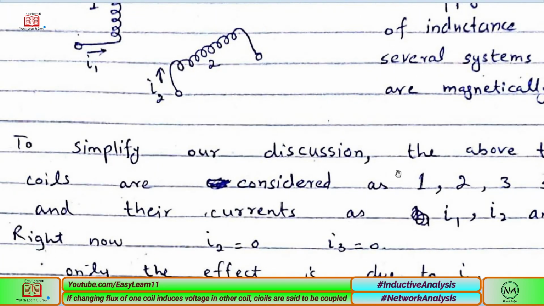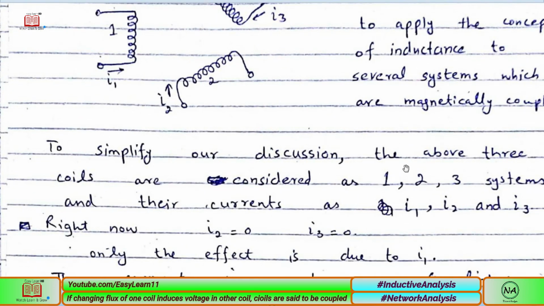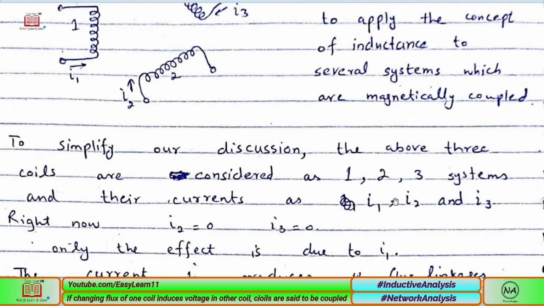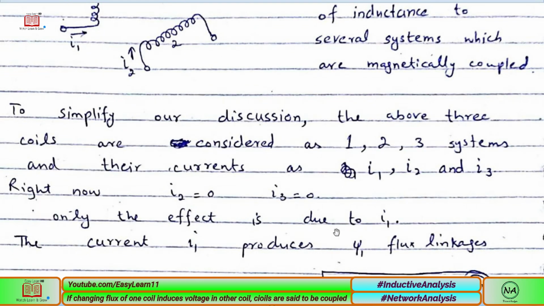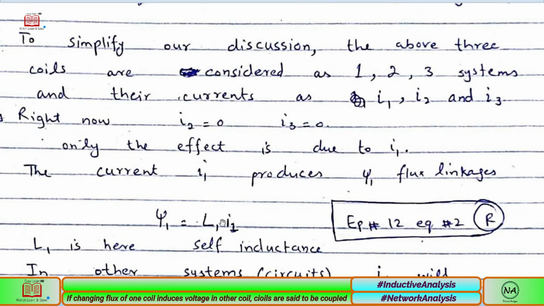To simplify our discussion, the above three coils are considered as systems 1, 2 and 3 and their currents as I1, I2 and I3. Right now I2 and I3 are 0, so the only effect is due to I1. The current I1 produces flux linkage psi1. So if psi1 is produced due to I1 in circuit 1, we can simply calculate the flux linkage as L1 times I1.